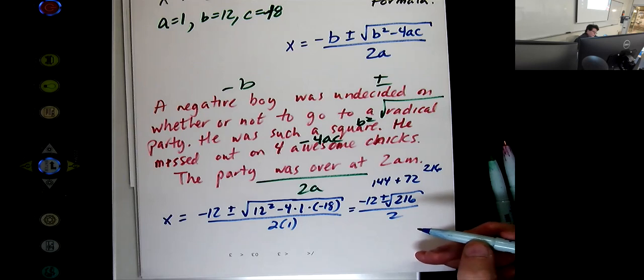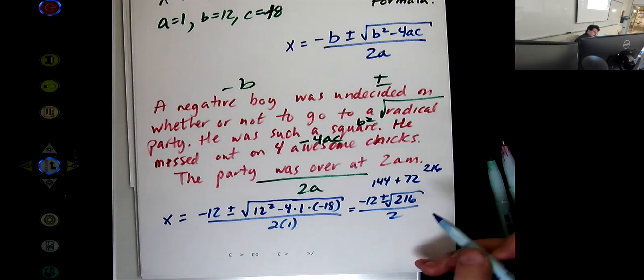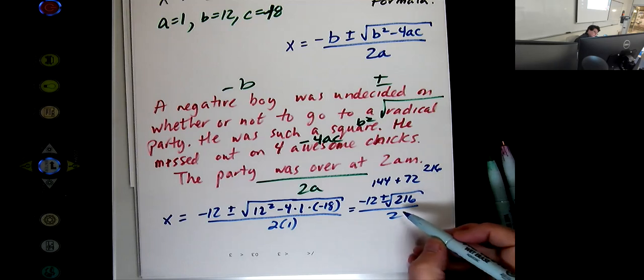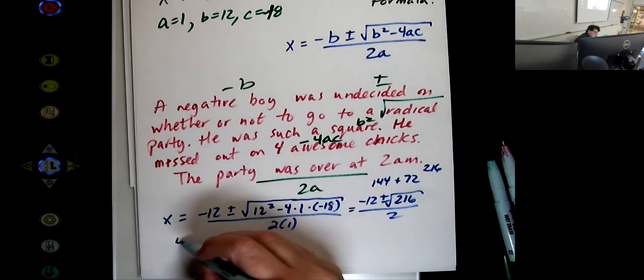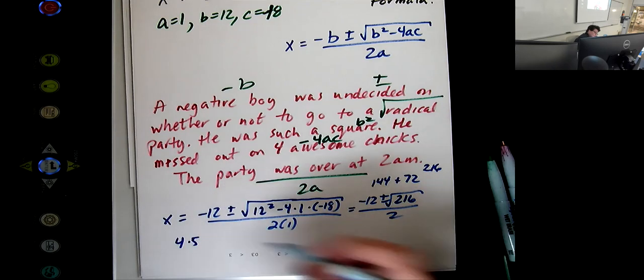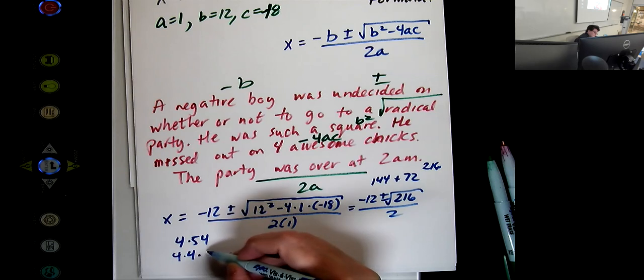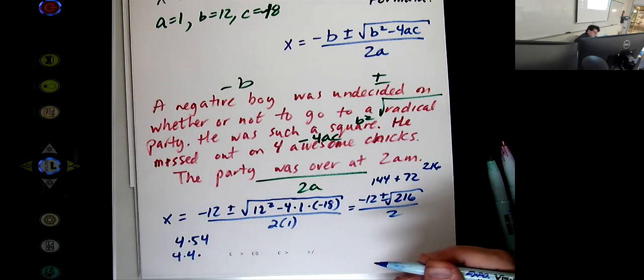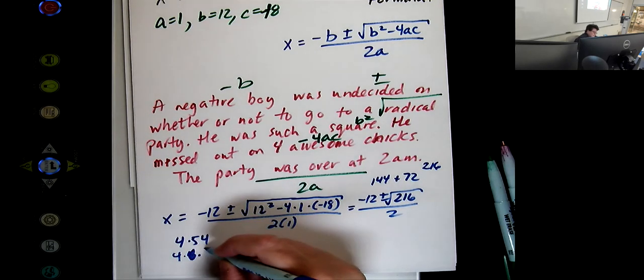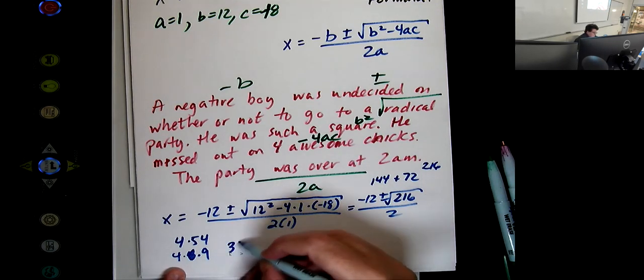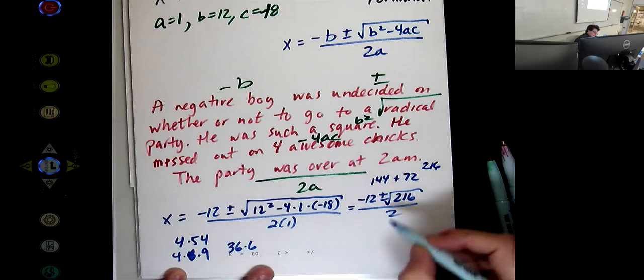So what does 216 factor into? 4 goes into it. It's 4 times 54. So it's 4 times 4 times 6 times 9. So 36 times 6. That's 216.